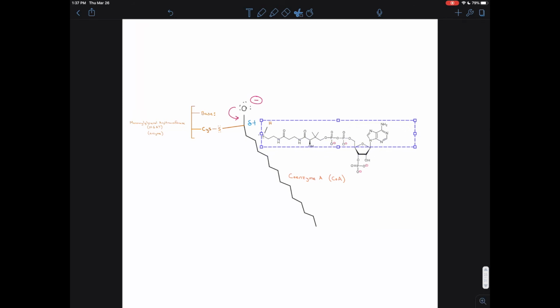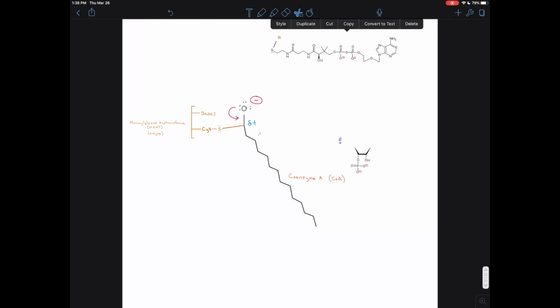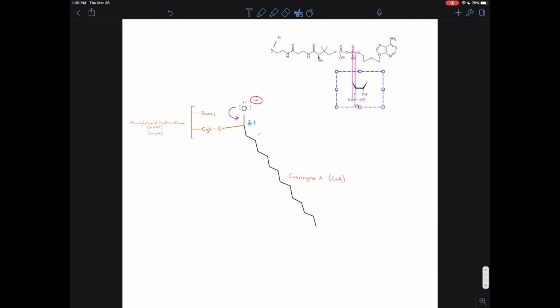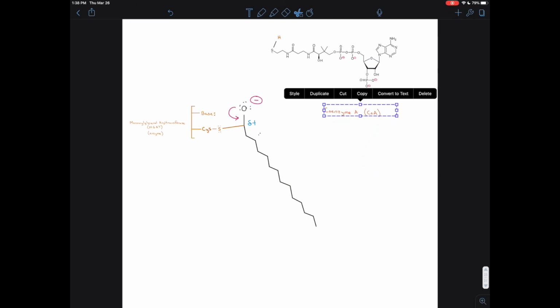And that's going to move that CoA molecule away.